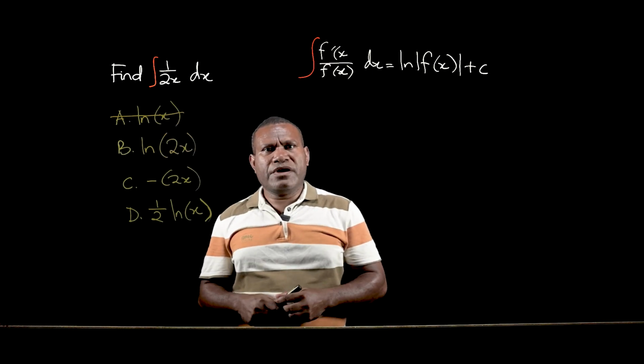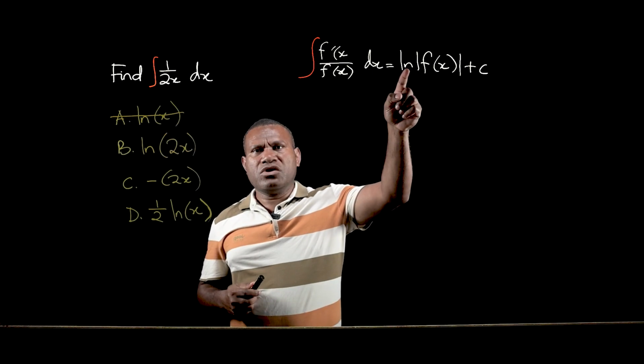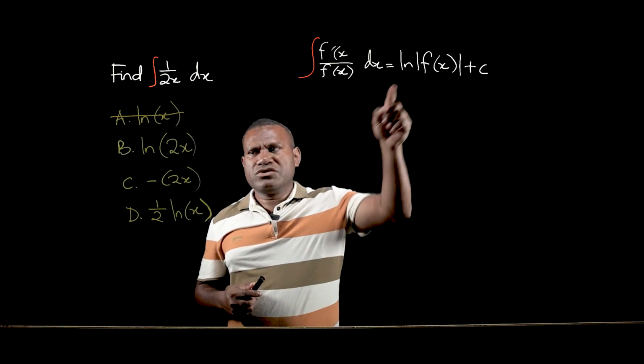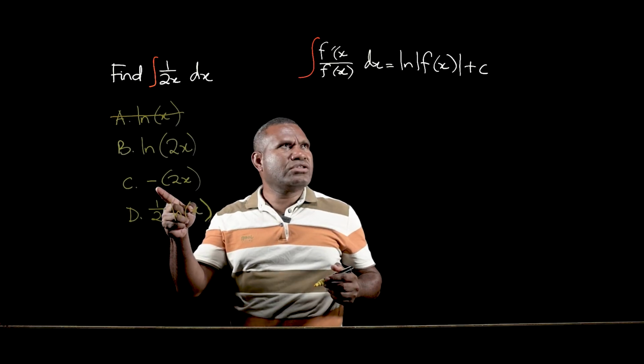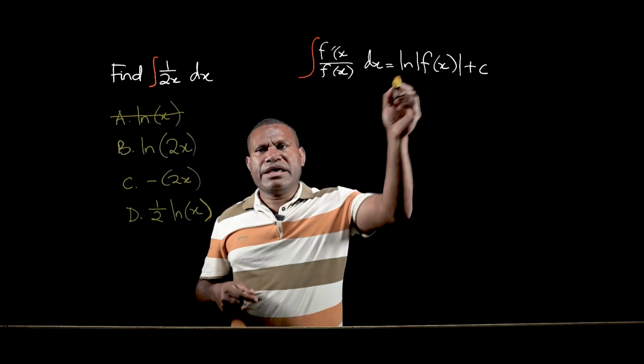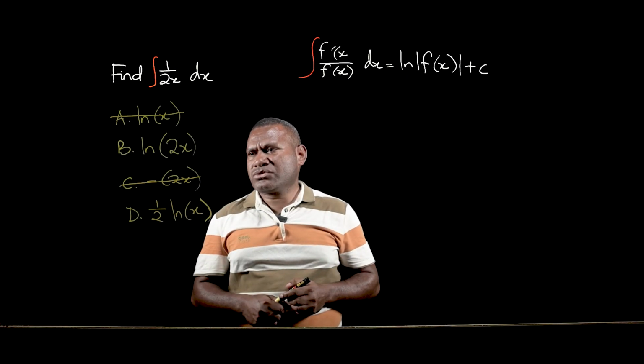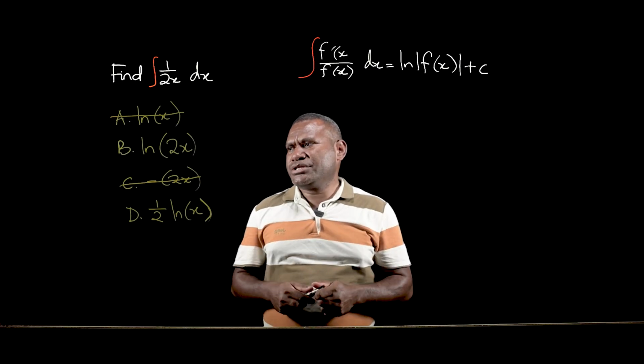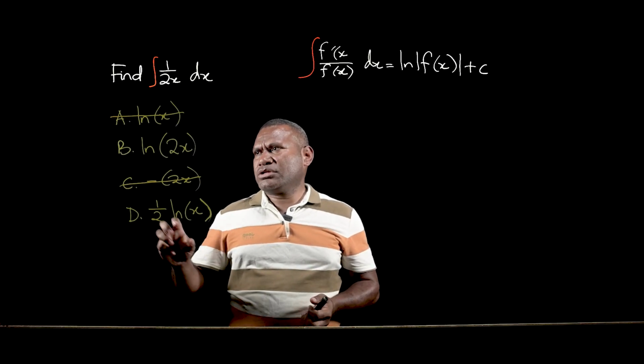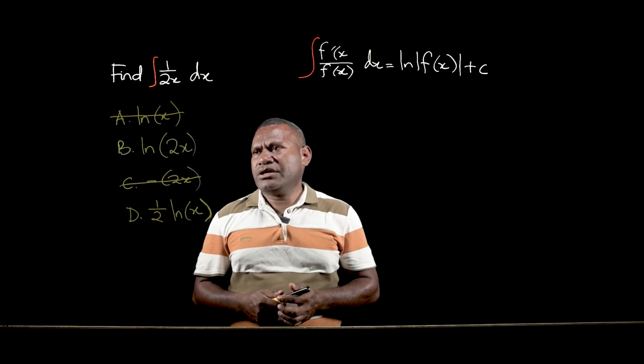Also, natural log is involved in the result. I see that C does not contain the ln or the natural log, so I have to exclude this choice. Now I've got B and D.